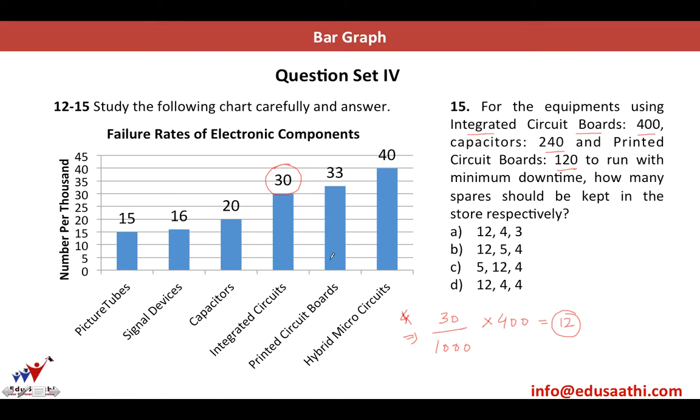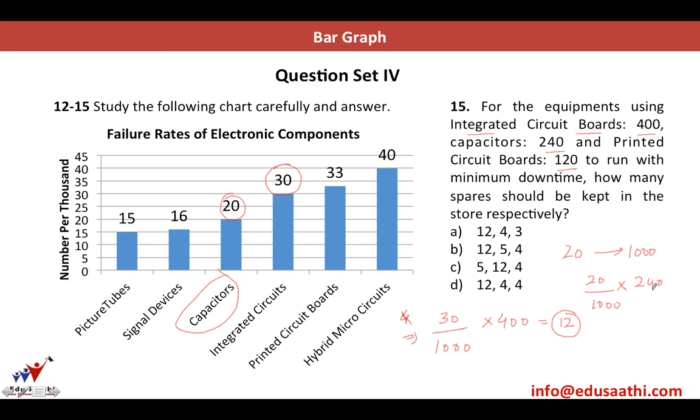Similarly for capacitors I have this 20 here. So capacitors fail 20 times in 1000. So they will fail 20 by 1000 multiplied by 240.